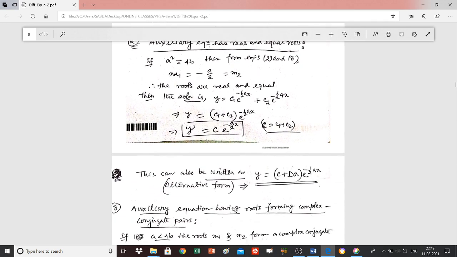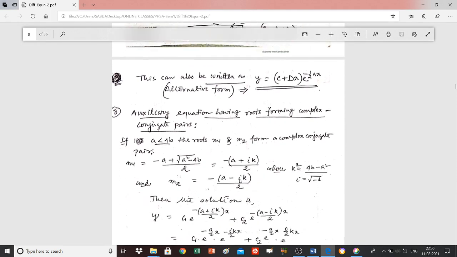And an alternative form of the solution in this condition is, if both m1 and m2 are equal, then you can alternatively write y is equal to c plus dx, e to the power minus half ax. C and d are both constants.